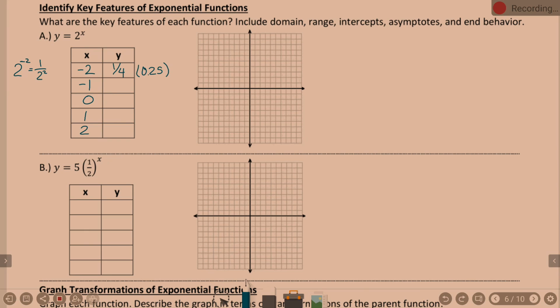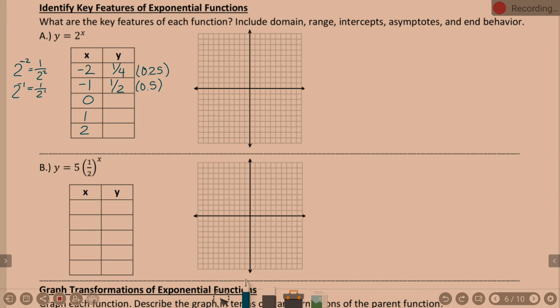Okay, so what about -1? 2 to the -1 means I'm doing what? 1 over 2 to the positive first. Take it across the fraction bar. 1 over 2 to the positive first is 1/2, or 0.5 if you prefer.